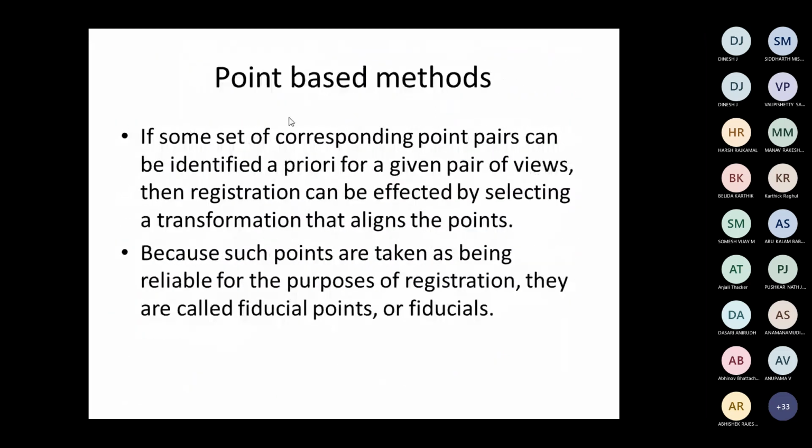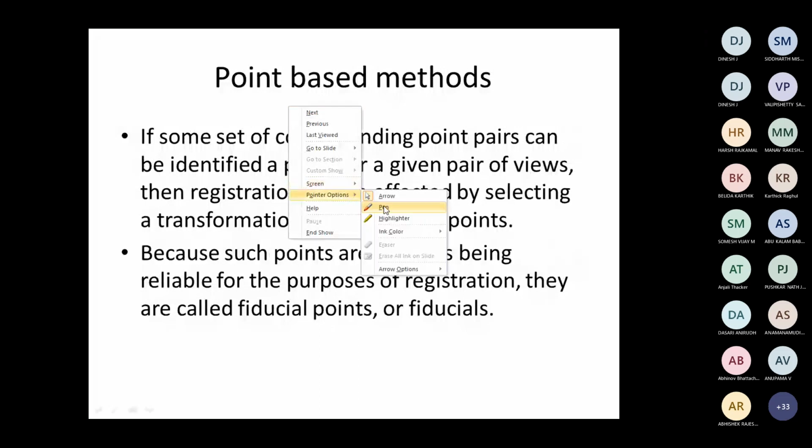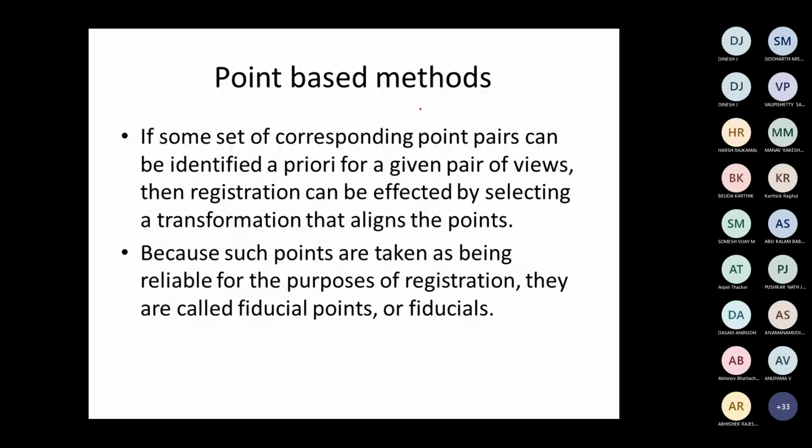Then we will see point-based methods. I have already discussed point-based methods in the previous class; we have started. If some set of corresponding point pairs can be identified beforehand for a given pair of views, then registration will be effected by selecting the transformation that aligns the points.